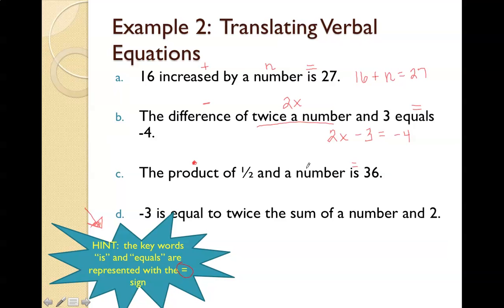So let's say that my number is n. So the product of half and a number, so that's going to be 1/2 times a number, and remember, since there's nothing in between the 1/2 and the n, it's automatically assumed that that's multiplication. Is, which means equals, 36.